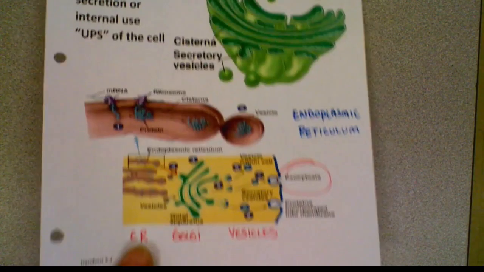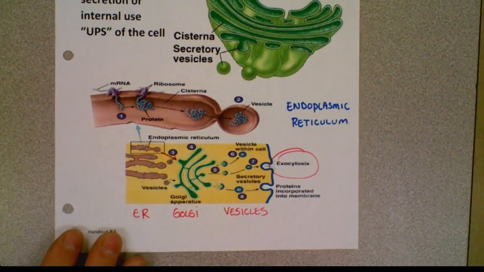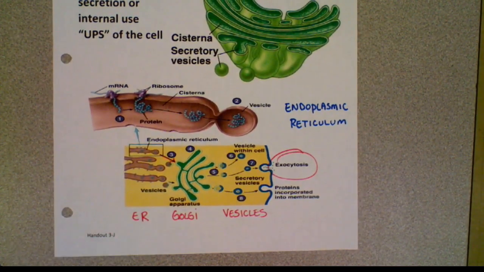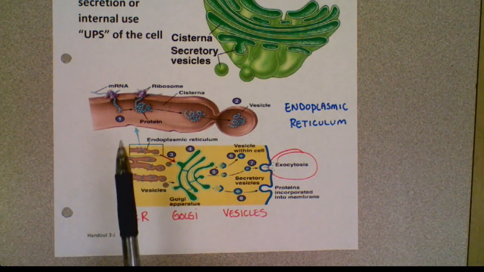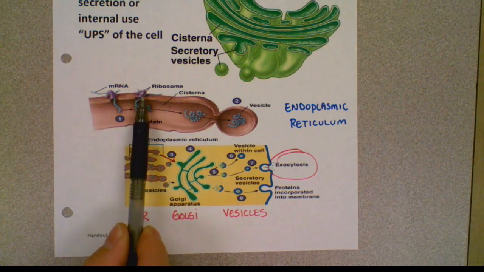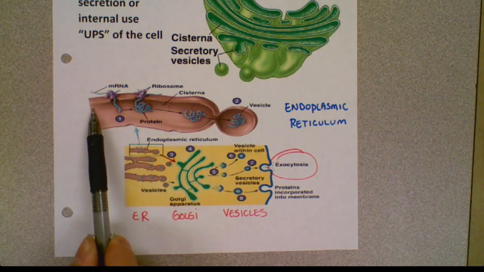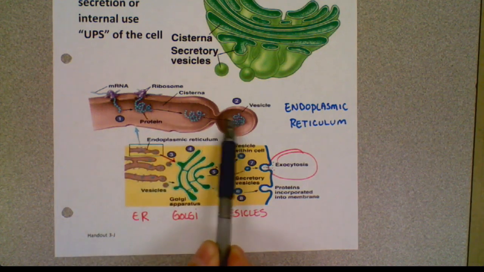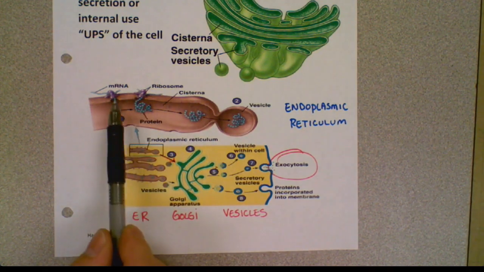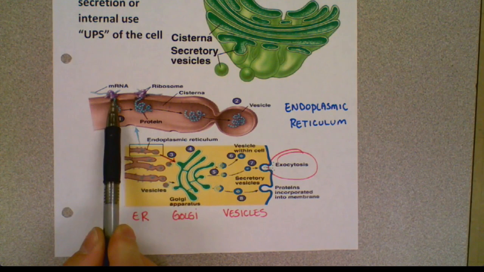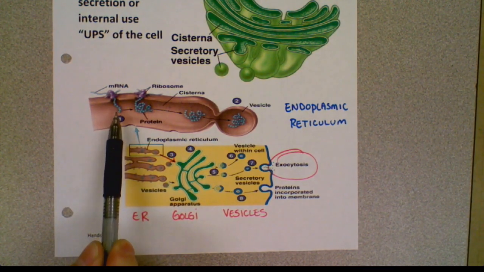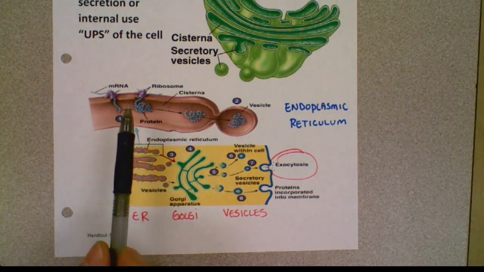Now, at the bottom of this handout, I just show you an example using some of the other organelles that we've talked about. So imagine we've got some ribosomes that are in rough endoplasmic reticulum. All right, so you've got these ribosomes making a protein. Maybe it's a hormone, maybe it's an enzyme.